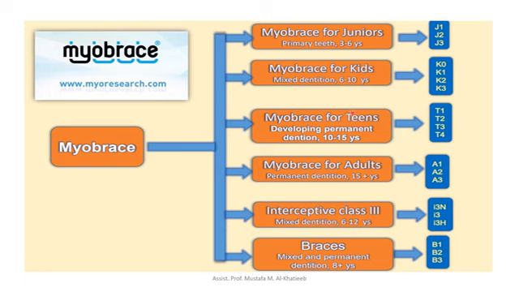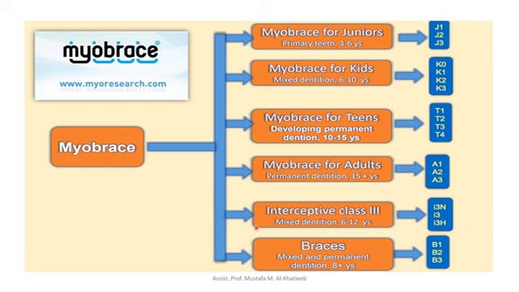While the Myobrace for teens is used during the development of permanent dentition between 10 to 15 years old, it also has 4 divisions from T1 to T4. The Myobrace for adults is used for permanent dentition, as its name indicates, above 15 years old, and is divided into 3 divisions, A1, A2, A3.